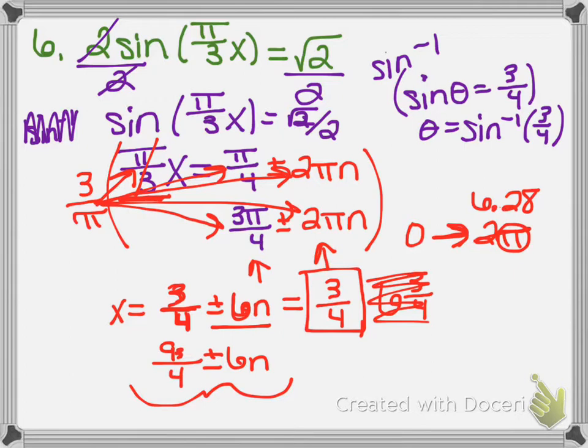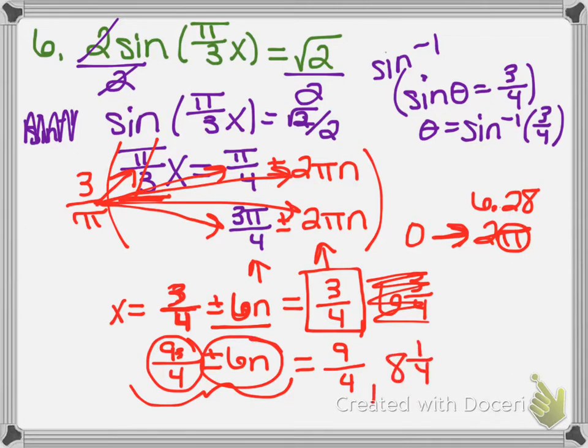And then I go to the second general solution. 9/4 is my first answer, and that's 2 1/4. If I add 6 to that, that puts me at 8 1/4, which is definitely too big. And so that just means 9/4 is my only answer there. So I only got 2 answers.